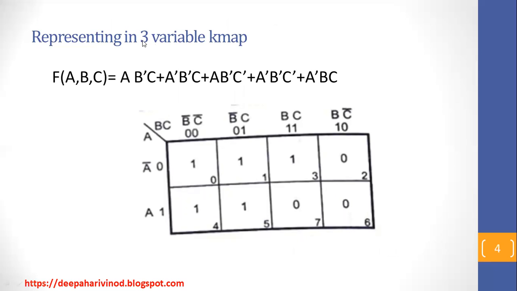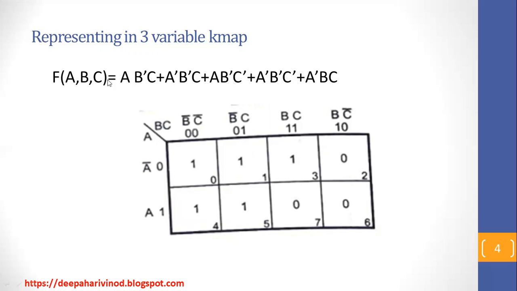Now representing in 3 variable K-map. Here f of a b c is given, which is equal to a b bar c plus a bar b bar c plus a b bar c bar plus a bar b bar c bar plus a bar b c. Now we have to study how to map this given Boolean function into the K-map.